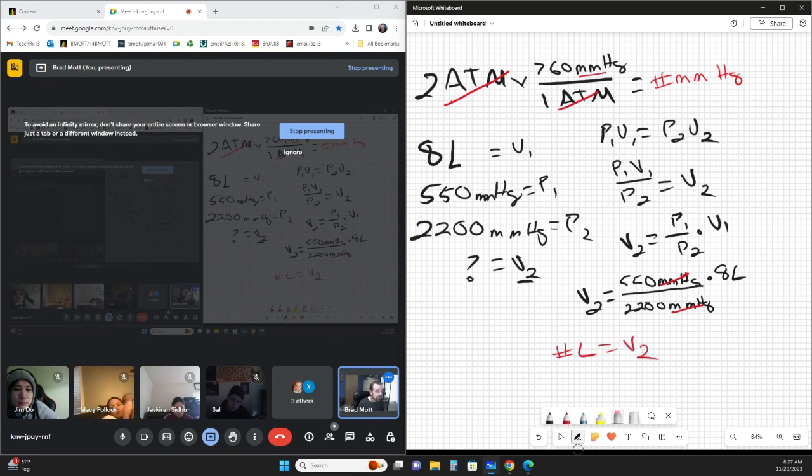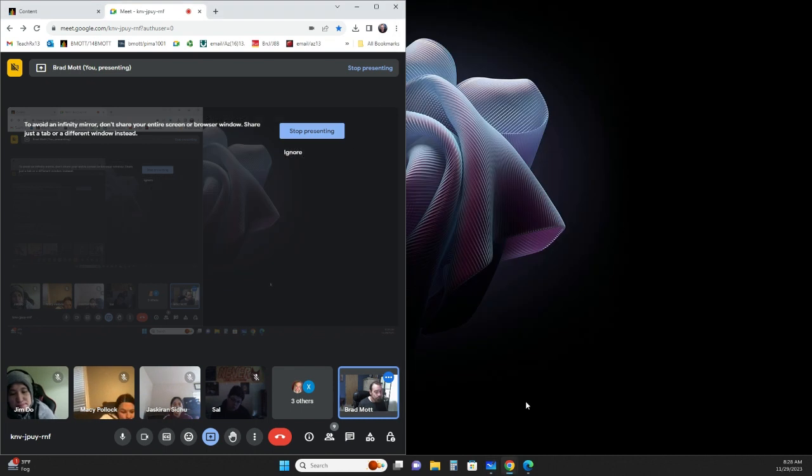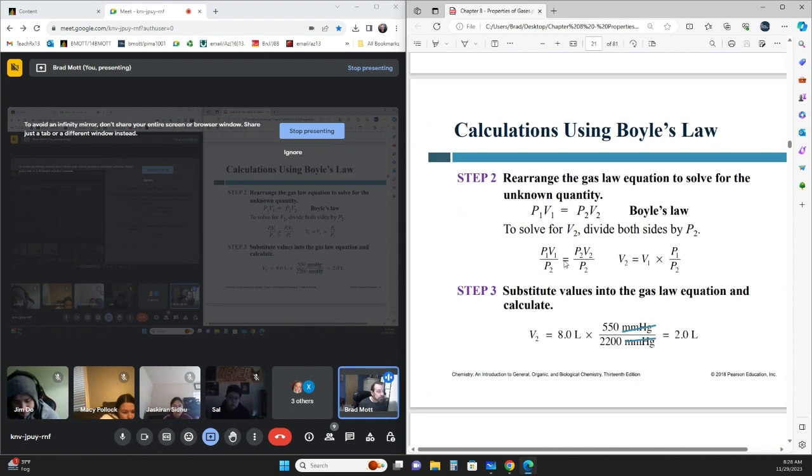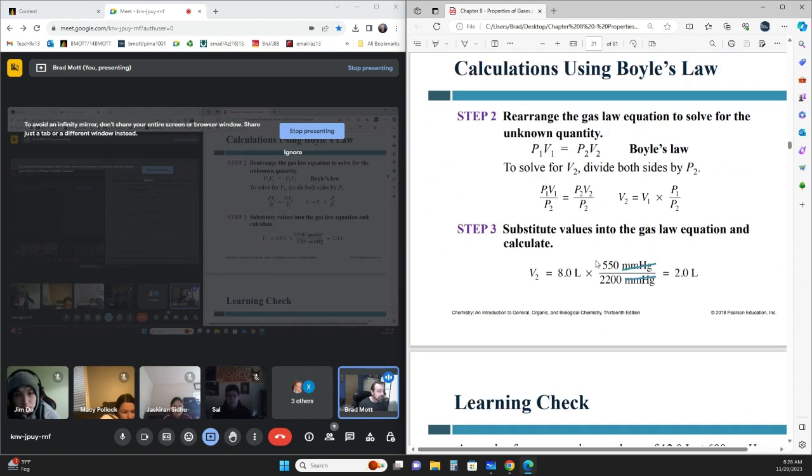So V2, the number of liters. Solving for V2, our answer is going to be 2 liters. Which makes perfect sense, right? Since the pressure went up, the volume is going to go down.